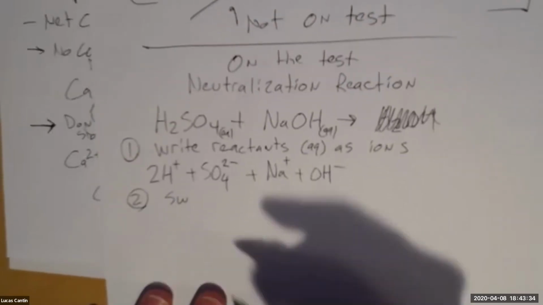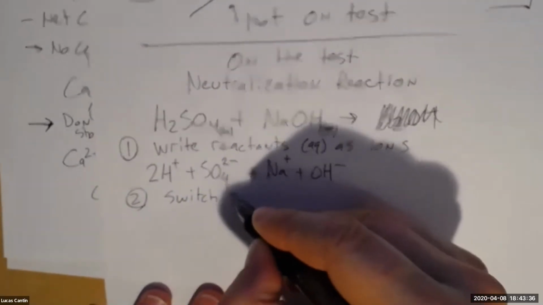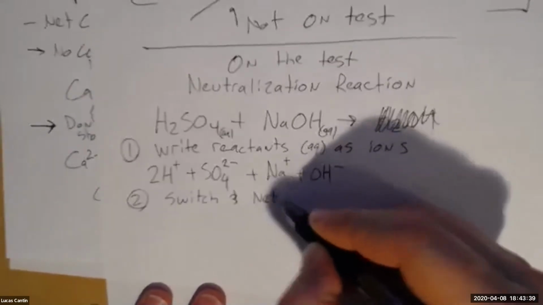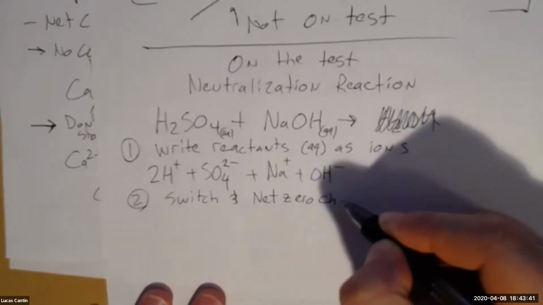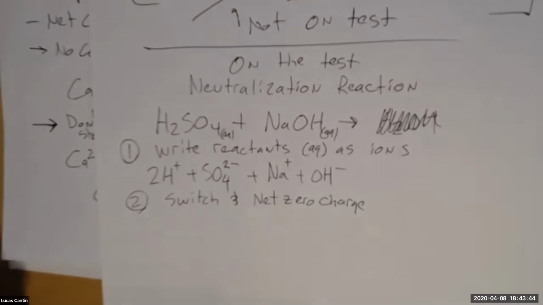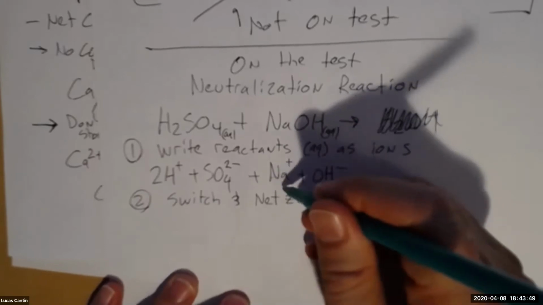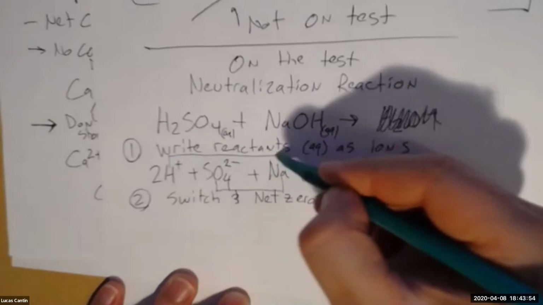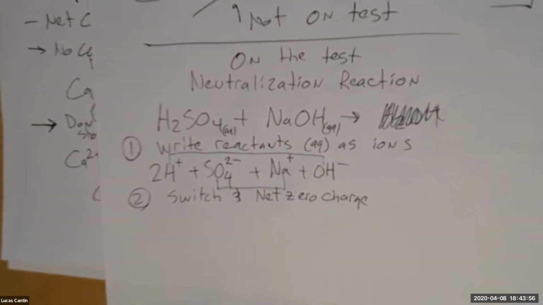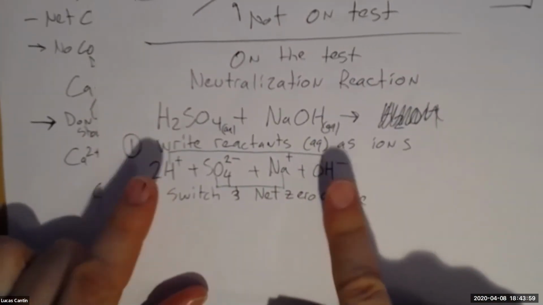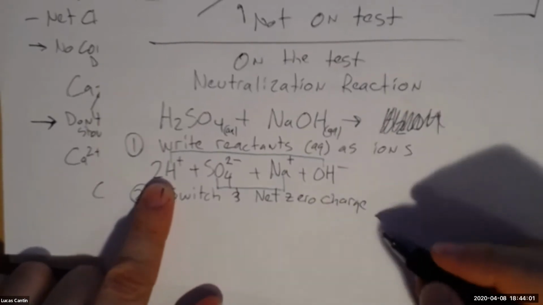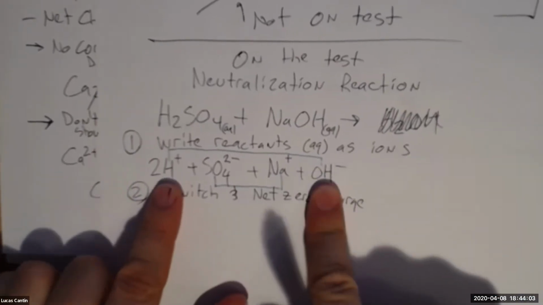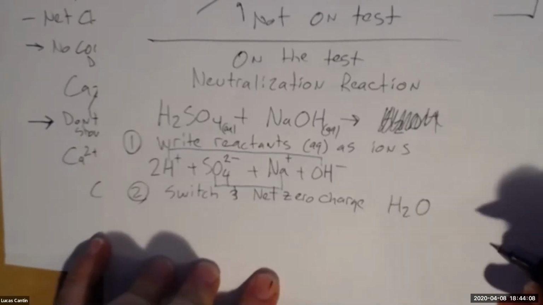Switch, and net zero charge. Okay, so sodium is going to go with sulfate, and hydrogen ion will have to go with hydroxide. So what are the products going to be? When hydrogen and hydroxide go together, what will they actually make? H2O. Good, water, perfect.